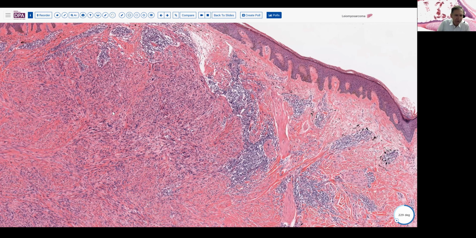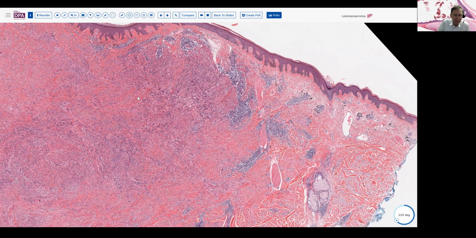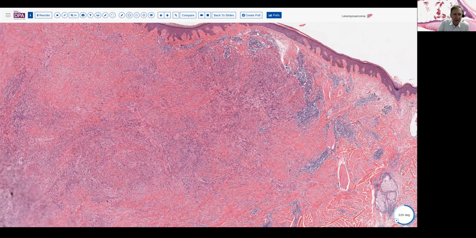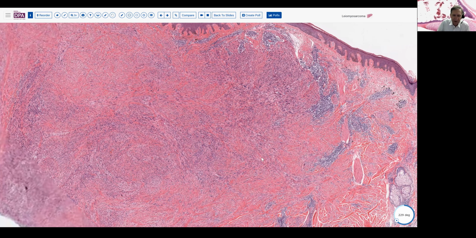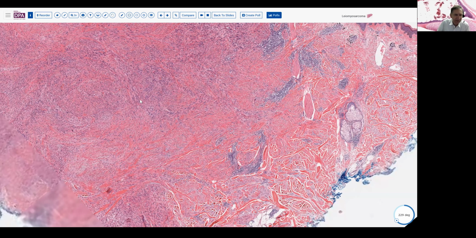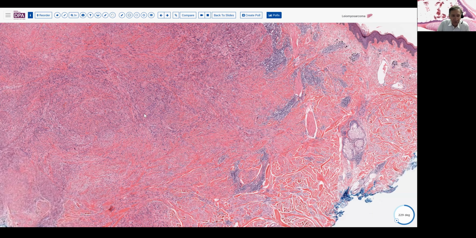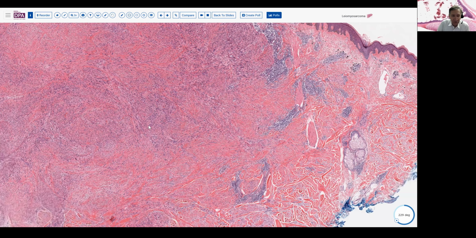There are other lesions where that can be missed or not seen, but in this case, it's a somewhat helpful factor as well, indicating that the body is responding to this neoplasm as a threat type of lesion. Now, whether this will also play out to indicate utility of immune checkpoint inhibitors or not, that's yet to be seen.